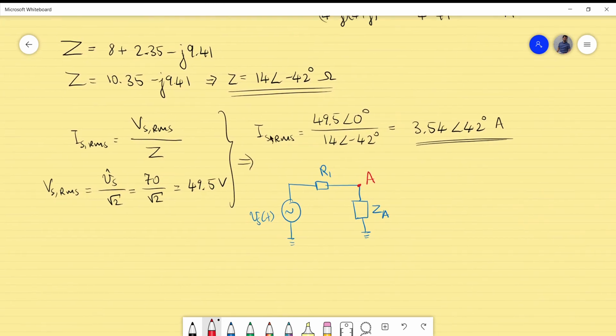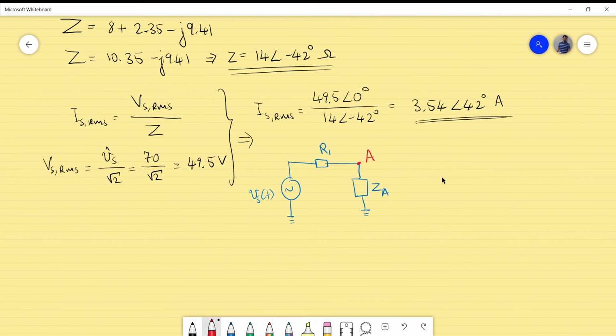For that, I actually need this. For the total reactive power, I look at the 9.41, and for the total real power, I look at this part, so actually the real part. So let's move on. Let's make a section powers.